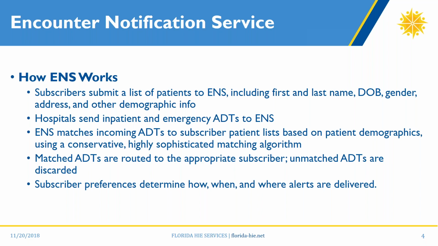This is like the high-level, super simple way to say it. There's a lot of stuff going on in the background that's very complicated that I don't have any business talking about. So super simple is, if it matches, you get it back, and you would know if your patient was seen at a hospital. Unmatched data sent from the hospitals goes off and is disposed of in the never ether land.